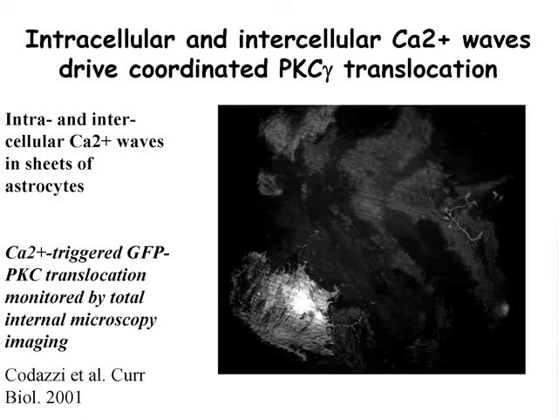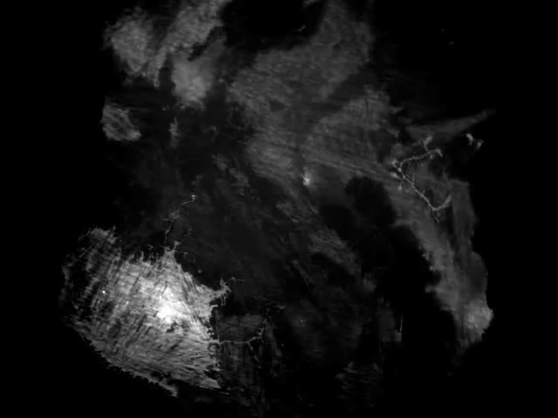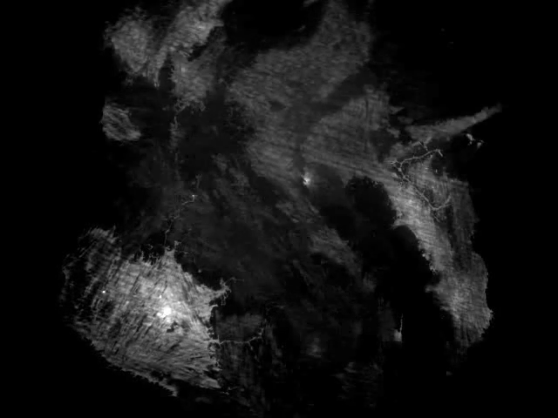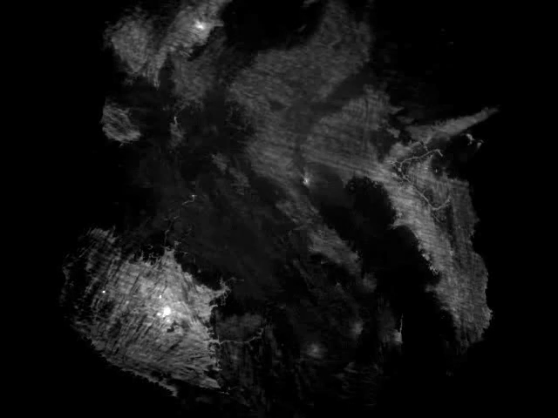When we monitored the localization of this protein with another technology called total internal reflection microscopy, we could see wave-type patterns by which these protein kinases translocate to the plasma membrane. Maybe if you could show these waves. So what you will be seeing is waves of protein kinase C translocation to the plasma membrane in response to glutamate stimulation.